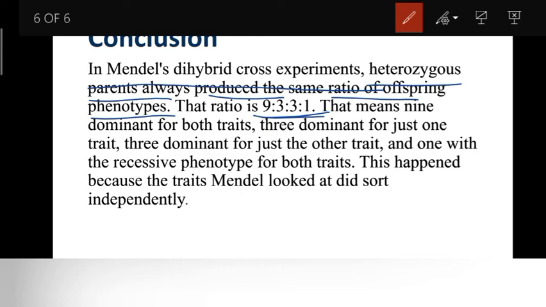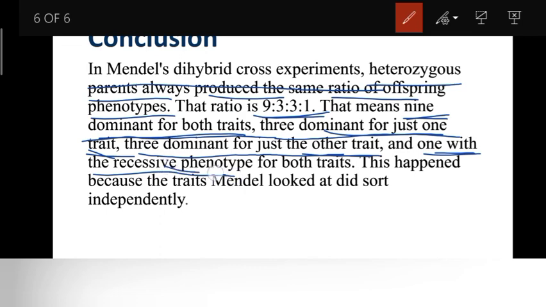That means 9 dominant for both traits, 3 dominant for just one trait, 3 dominant for just one other trait, and 1 with the recessive phenotype for both traits. This happened because the traits Mendel looked at did sort independently.